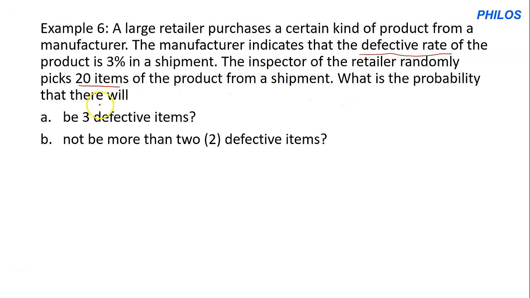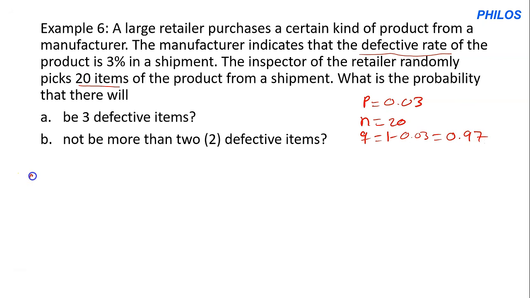What is the probability that there will be, A, 3 defective items? Now, from this question, the probability of success is 3%, that's 3 over 100, and that will give us 0.03. The number of trials is 20, and the probability of failure, which is q, should be 1 minus 0.03, which will give us 0.97.